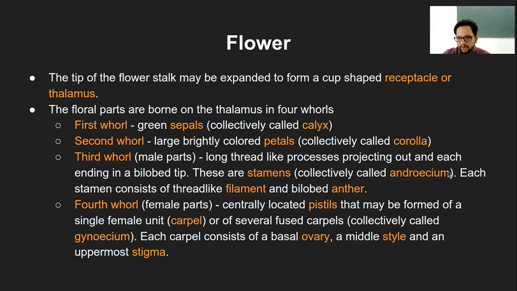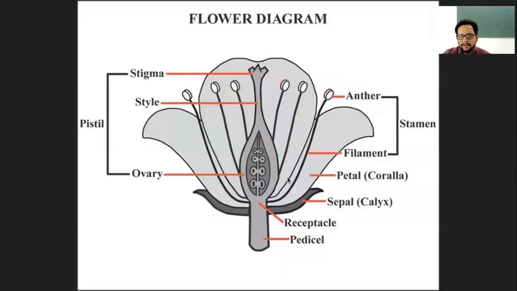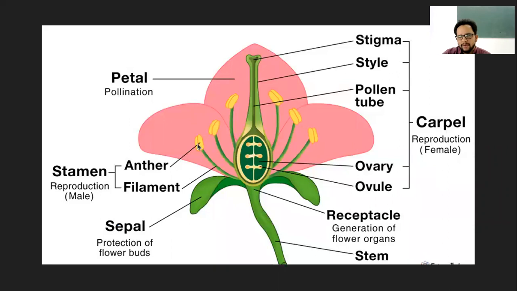So let me show you this part. This whole thing, the filament, that is the green thread-like, long elongated tubular structure, that is a filament. And you can see here one lobe and the second lobe, that is the anther.